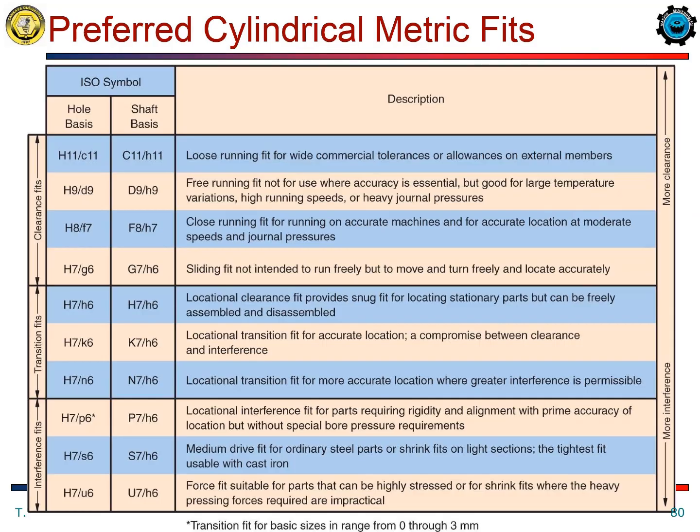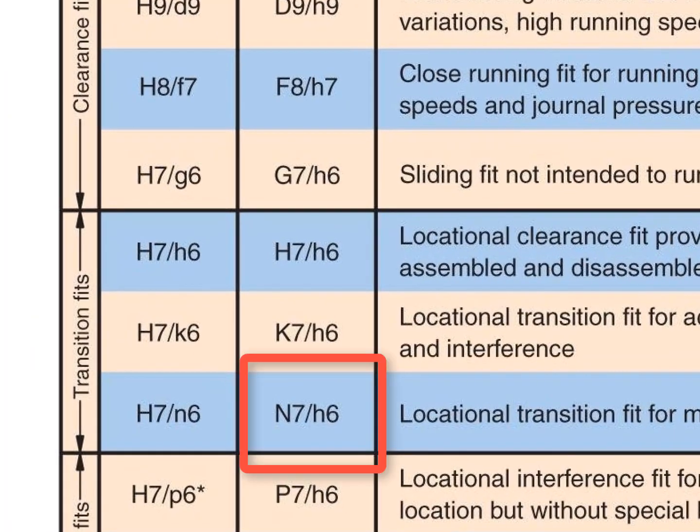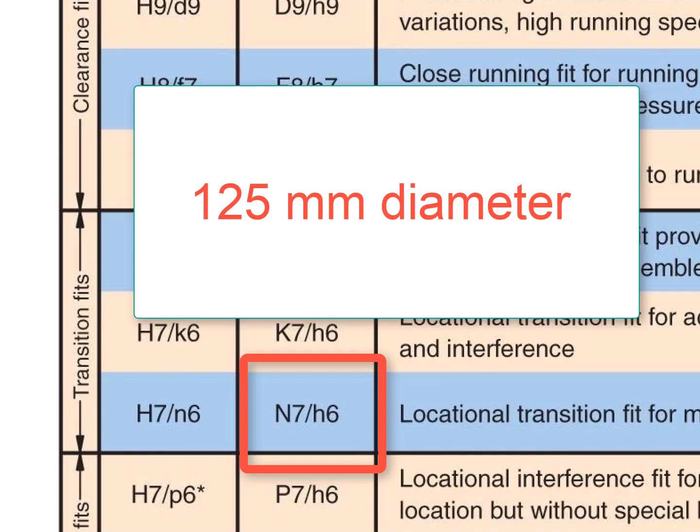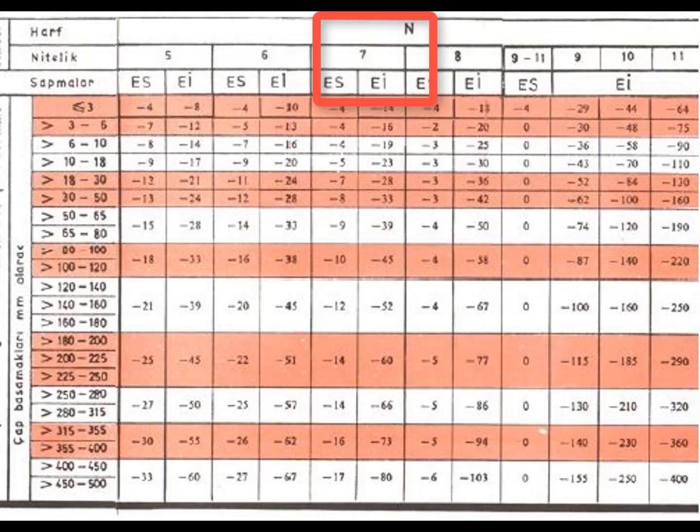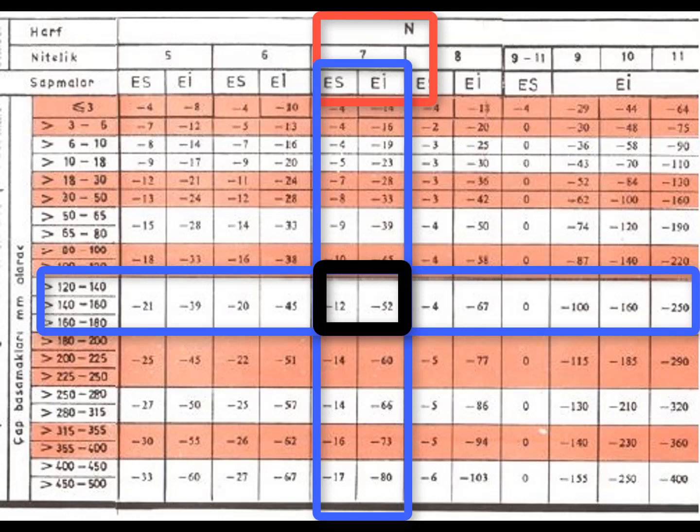Let us now consider other situations. More tighter tolerance states. As an example, we will investigate the transition fit connection in the table, then 7h6 for nominal size 125 mm in shaft basis system. Then 7 for 125 mm. For hole dimension from the table, the maximum dimension is -12 microns and a minimum dimension EI is -52 microns.